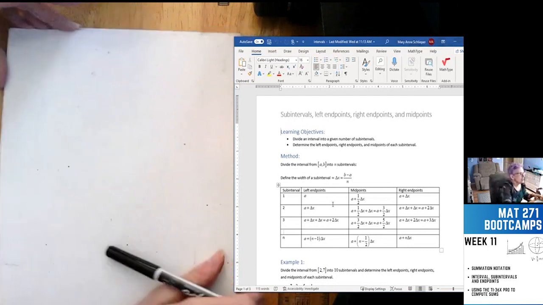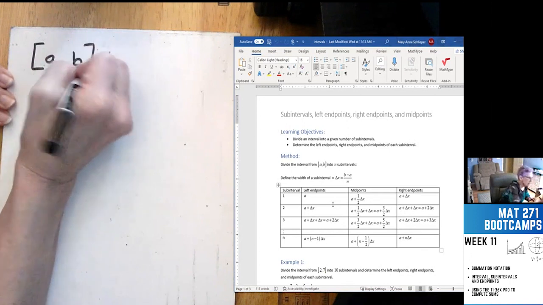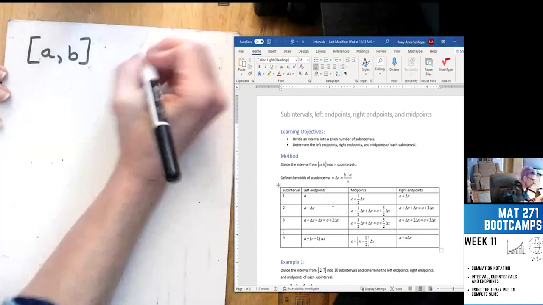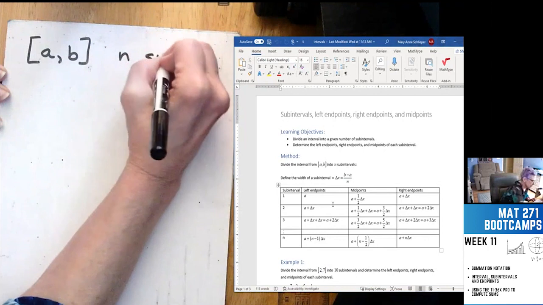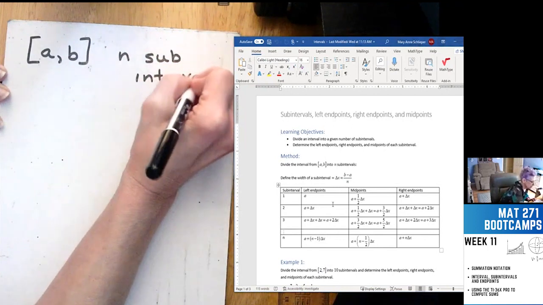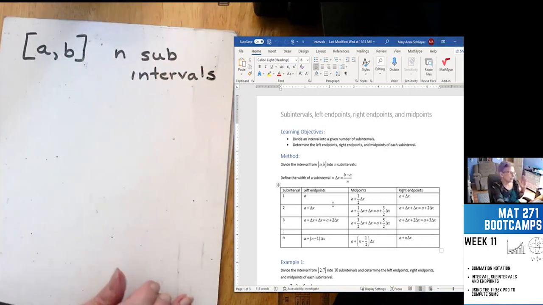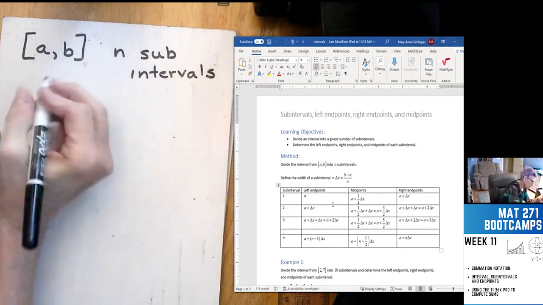So we want to take the interval from a to b and divide it into n subintervals. And then we're going to want to know what the left endpoints, the midpoints, and the right endpoints are.